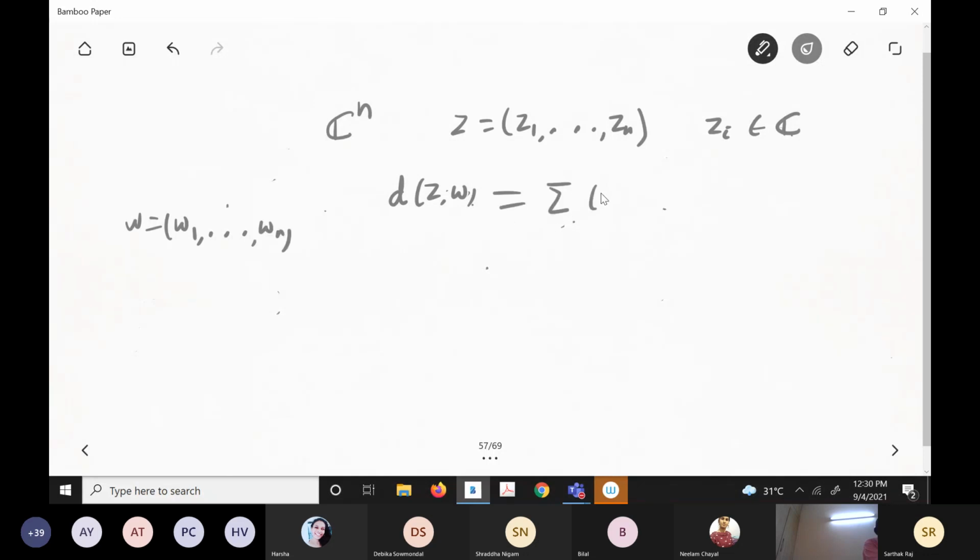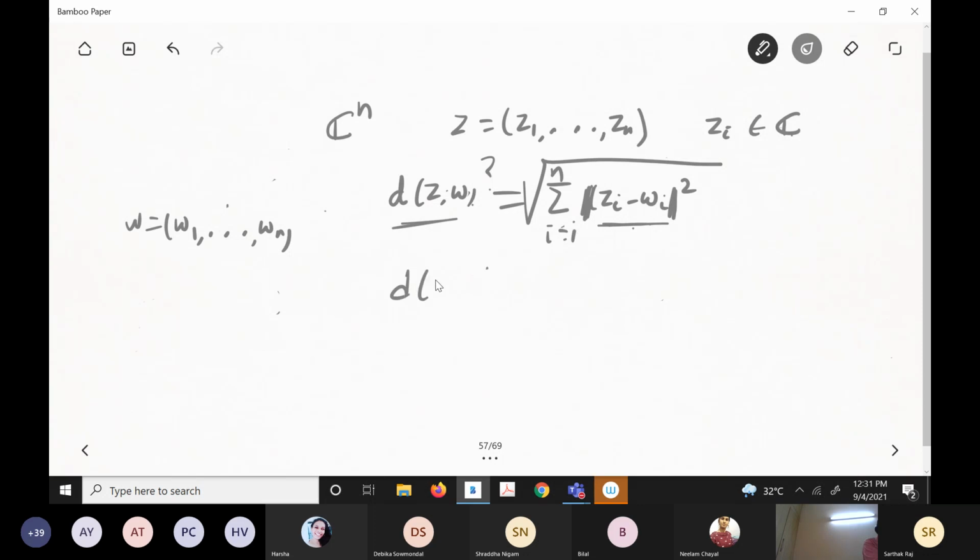Be careful. Look, this function d has to take a real, non-negative value. So here it may be a square, and it may still come out as a complex number. Understand? So here you will have to put this mod, not only the square.